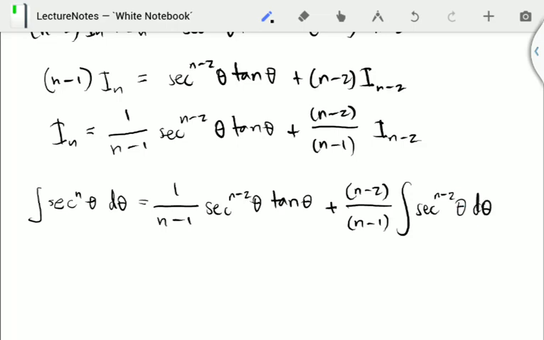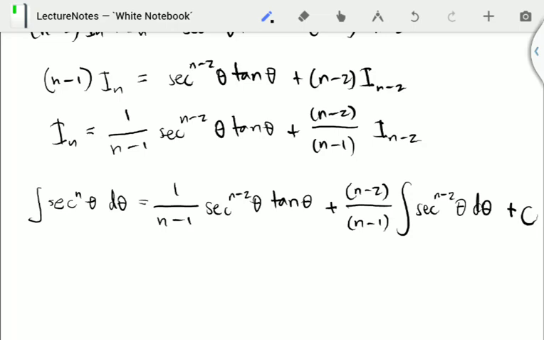That is now the general form for the indefinite integral of the n powers of sec. Of course, put plus C there so that you won't forget.